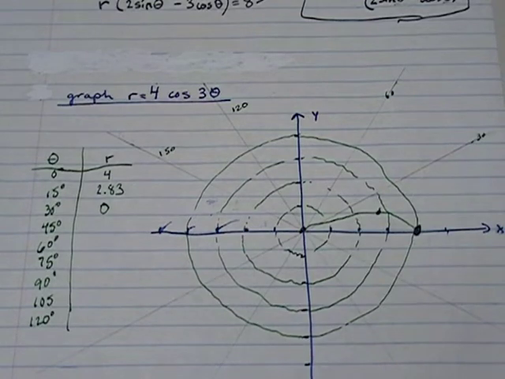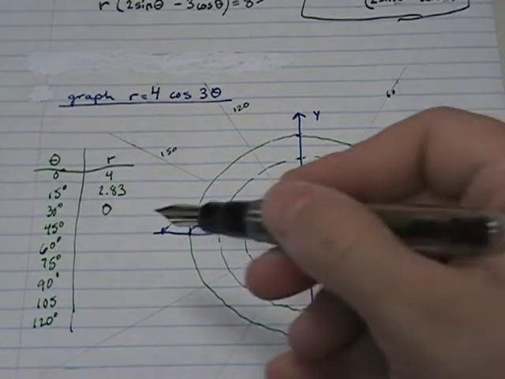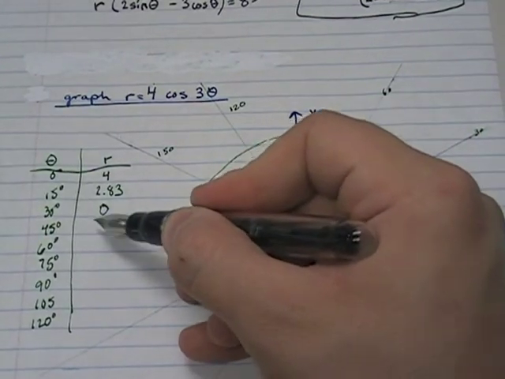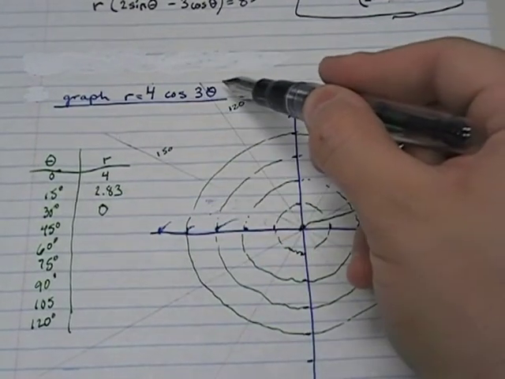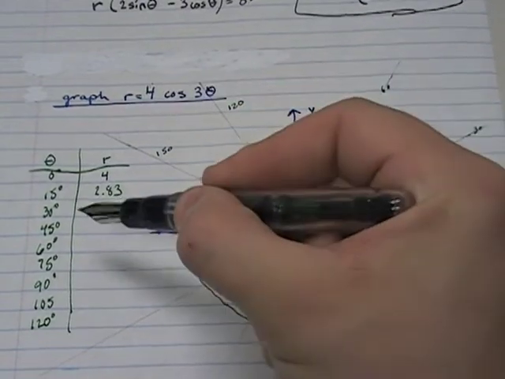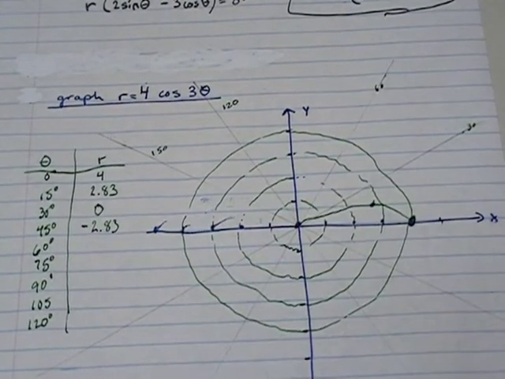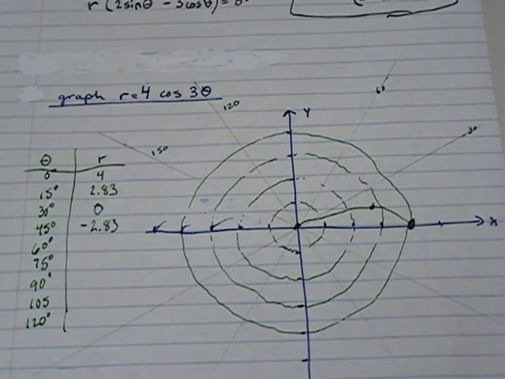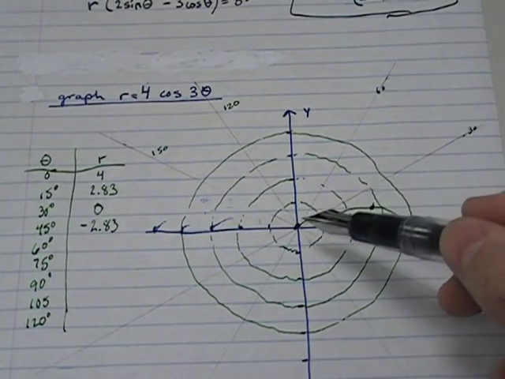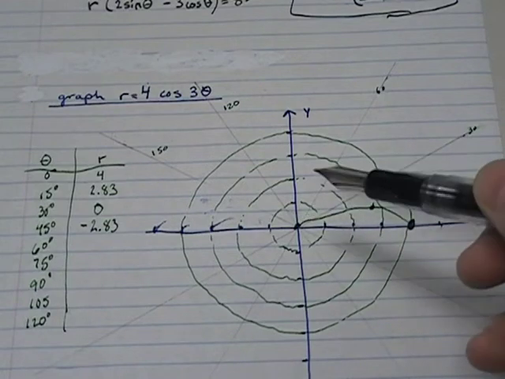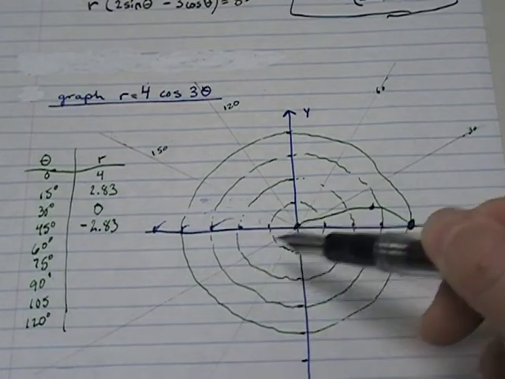Okay? Now, point 4, 45 degrees. Well, 45 degrees, if you plug that in, 3 times 45, take the cosine of it, multiply it by 4, you get negative 2.83. Well, what does that mean? Well, if you're in quadrant 1, and the radius is positive, you're going to go this way. Well, negative r would be that way.